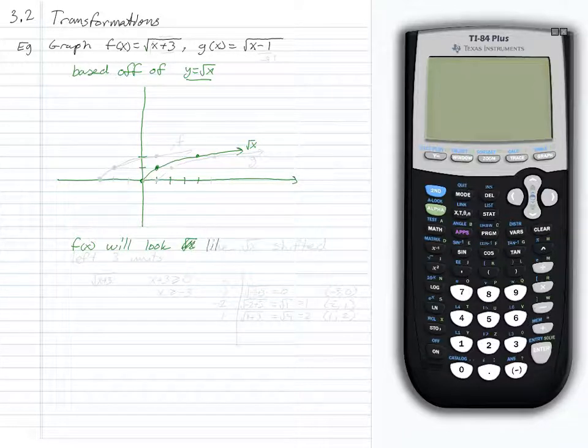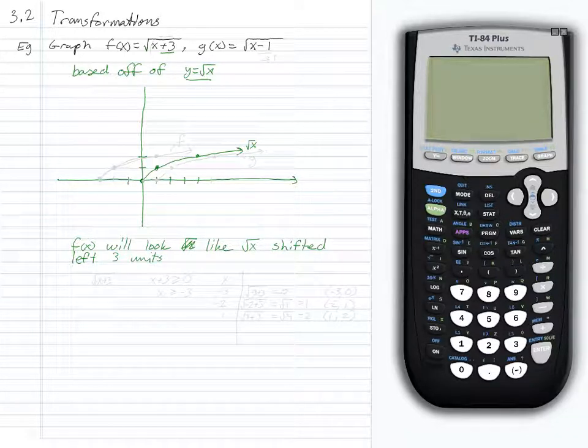Since what's changed is inside of the square root, the shift is going to be horizontal. And since we are adding 3, we are going to move to the left 3 units.